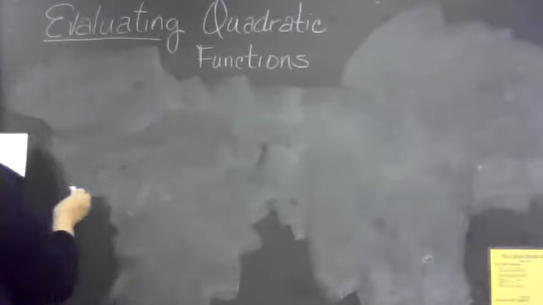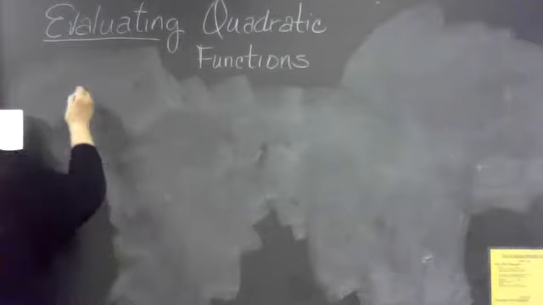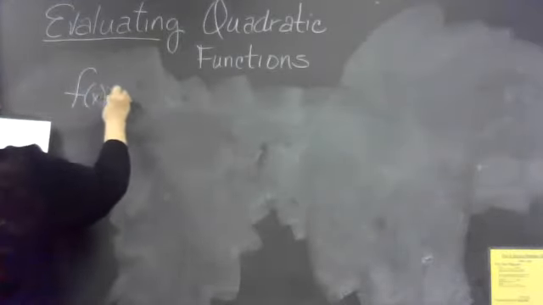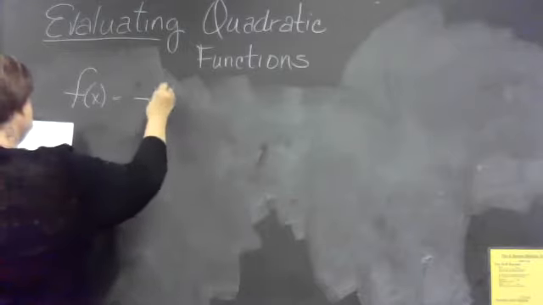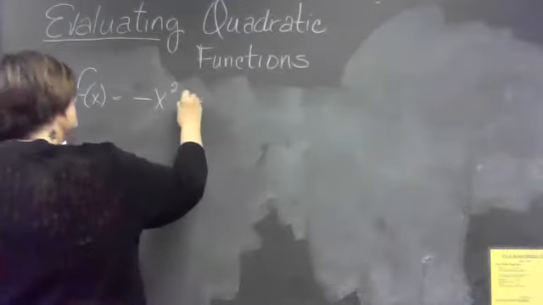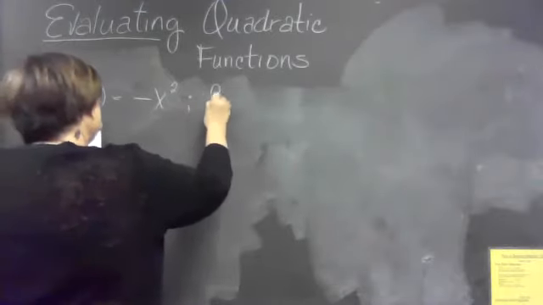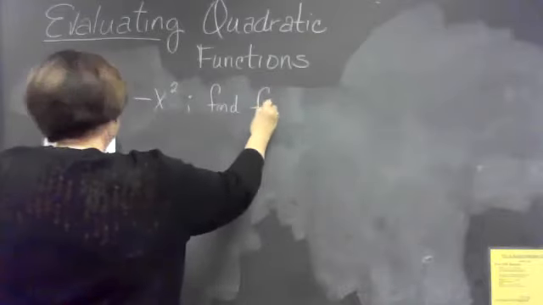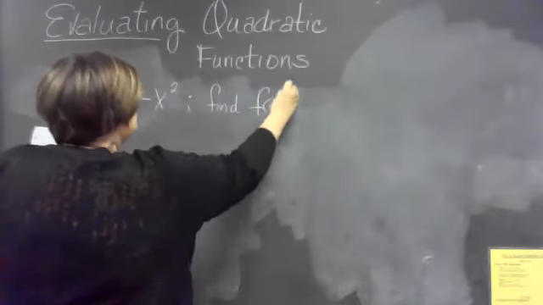For those of you who don't have the worksheets, this is it. F of x equals negative x squared. And it says, find f of negative 5.